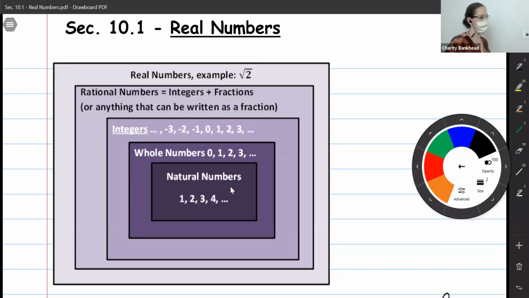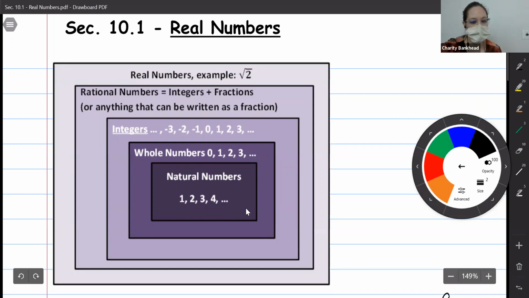The smallest one in the center is the natural numbers. Natural numbers are also sometimes called the counting numbers. It starts at 1 and it's just all the whole numbers counting up from there. So 1, 2, 3, 4, 5, 6, 7, 8, 9, 10, up through a million, billion, whatever.